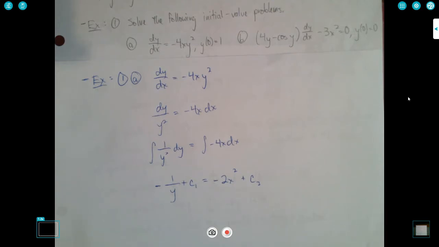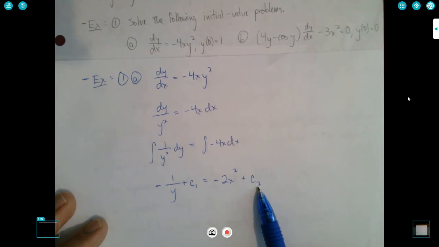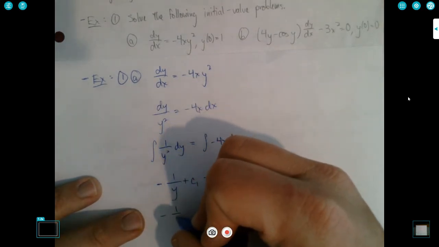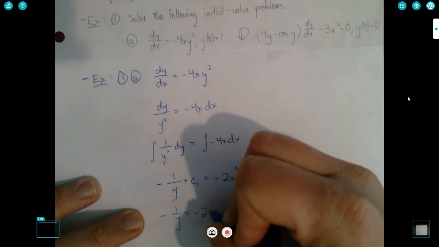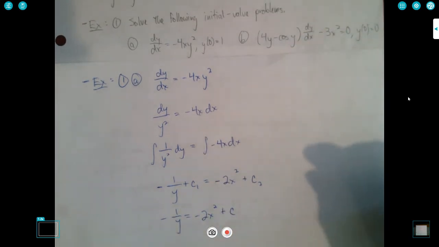Now our goal is to solve for y, of course. And so first of all, I can subtract this constant over to the other side and get a new constant value, which we'll just call c, right? So I'm just going to call this negative 1 over y equals negative 2x squared plus c, right? Some constant c.